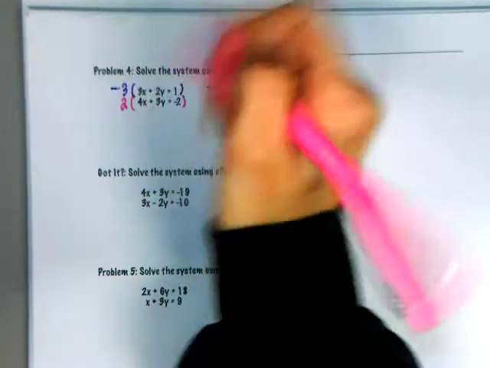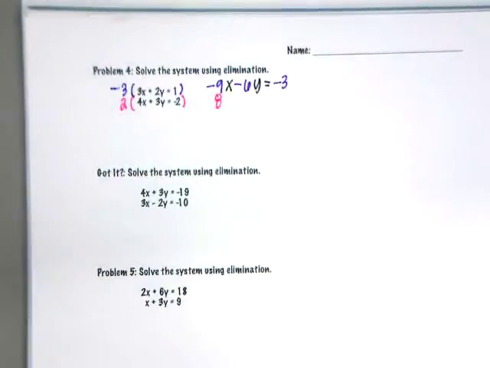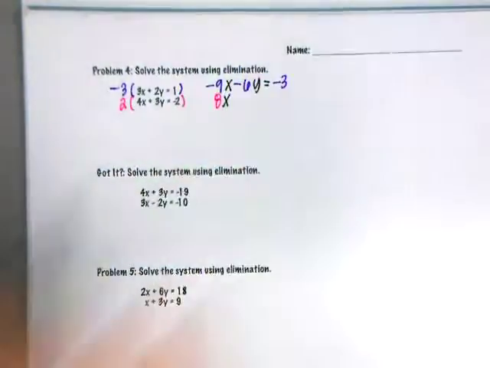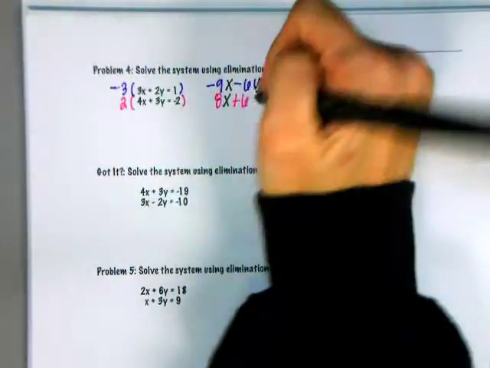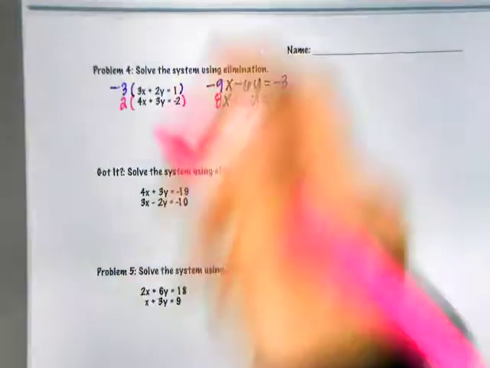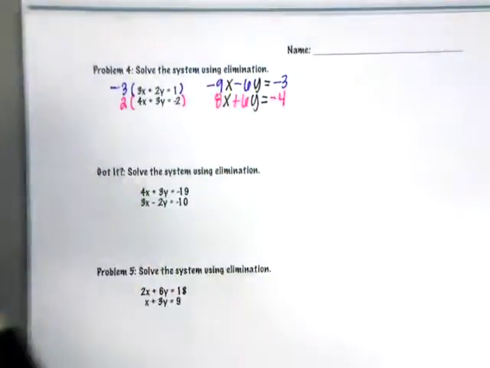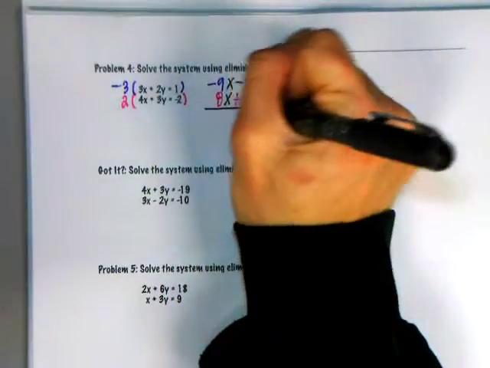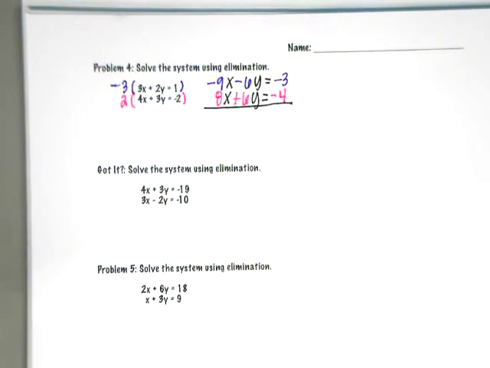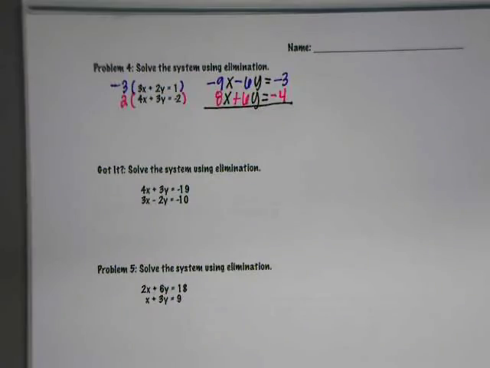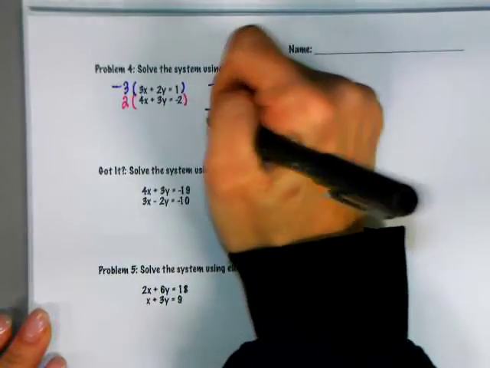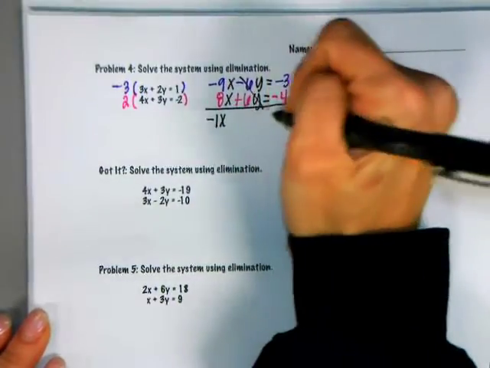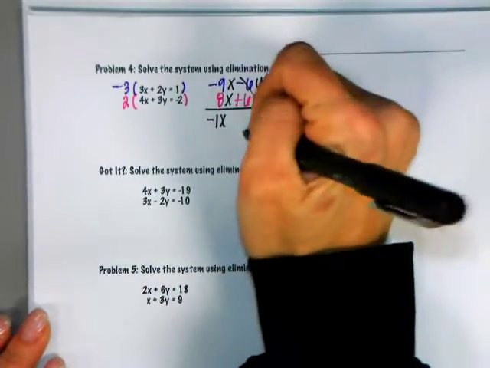Then on the bottom, that's going to be an 8x, positive 6y, and then a negative 4. All right, well, it's negative 9x and positive 8x. Negative 1x. Those cancel, equals negative 7. So what does x equal?